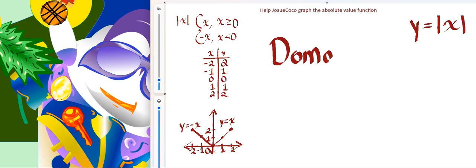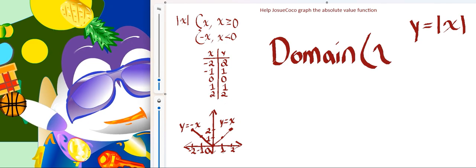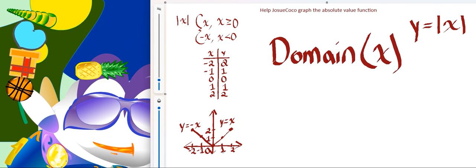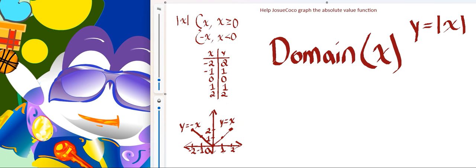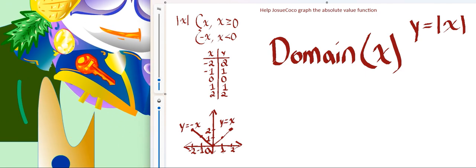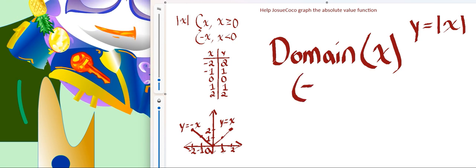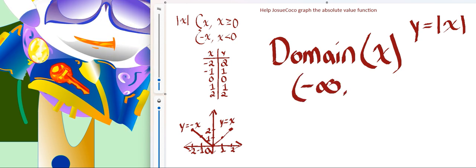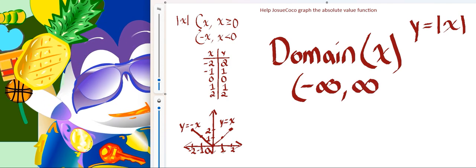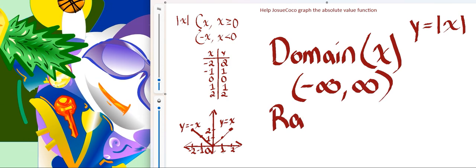Domain, which is our x value, will stay here as both open and closed, as long as all values are real from negative infinity to positive infinity.